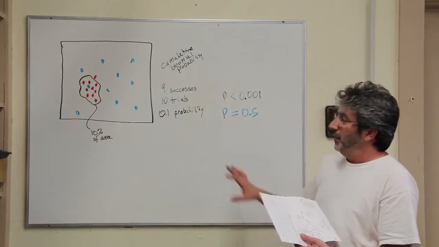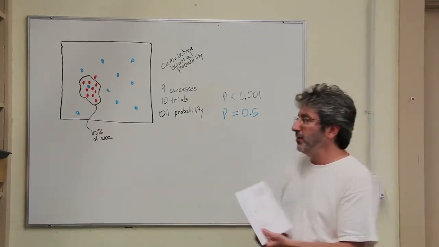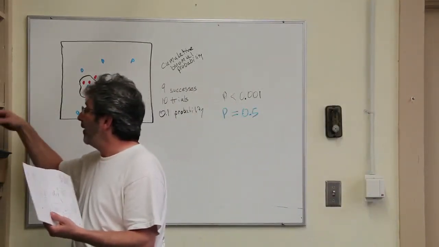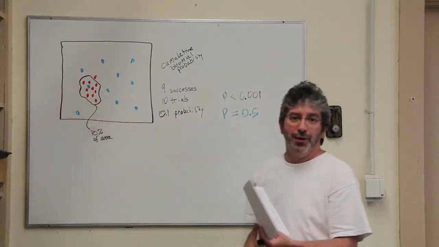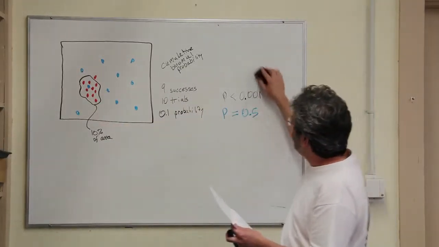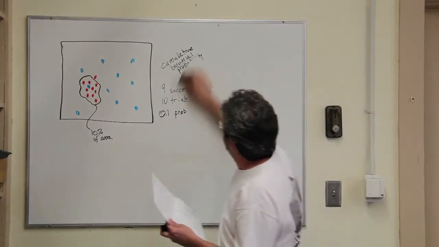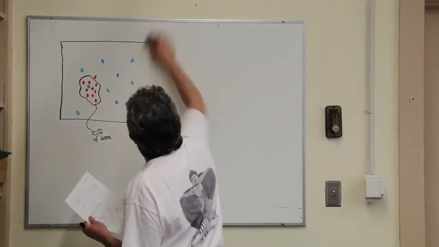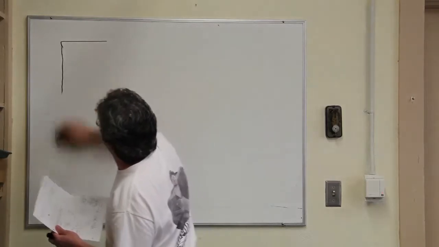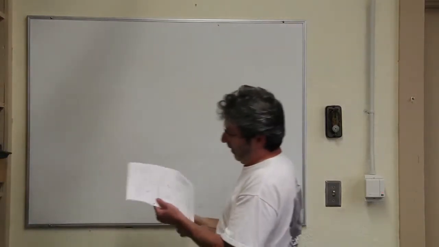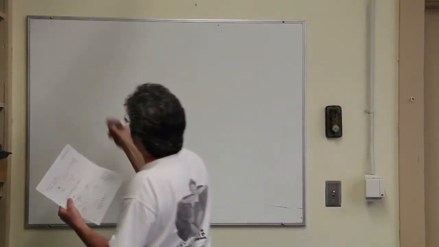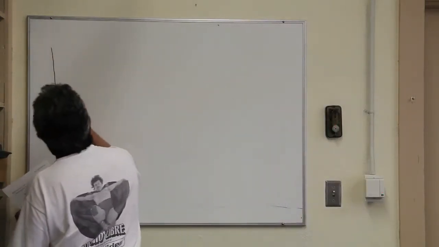Now, this is a very simple case. This is a case where we have a binary model. Most model outputs are not binary. Most of the algorithms that you'll use for predicting distributions and characterizing niches instead give you a continuous surface. So let's draw another map.